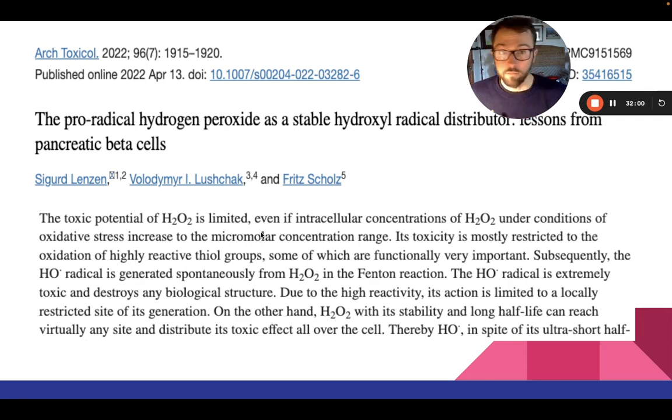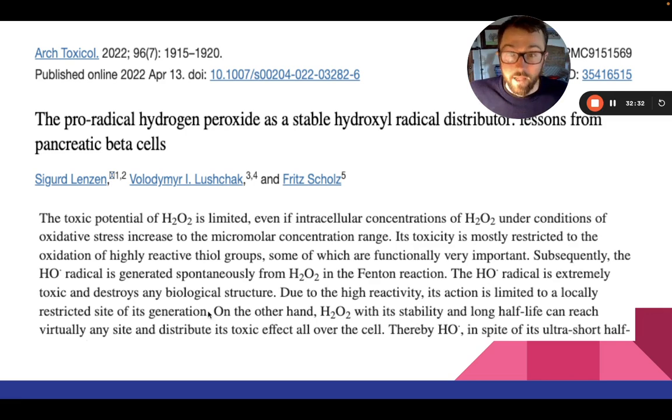Hydrogen peroxide is less reactive, not something to be typically worried about because our cell is familiar with how much energy it creates. Its toxicity is mostly restricted to the oxidation of a few thiol groups, which at really high levels with some very specific materials can be destructive, but typically not.